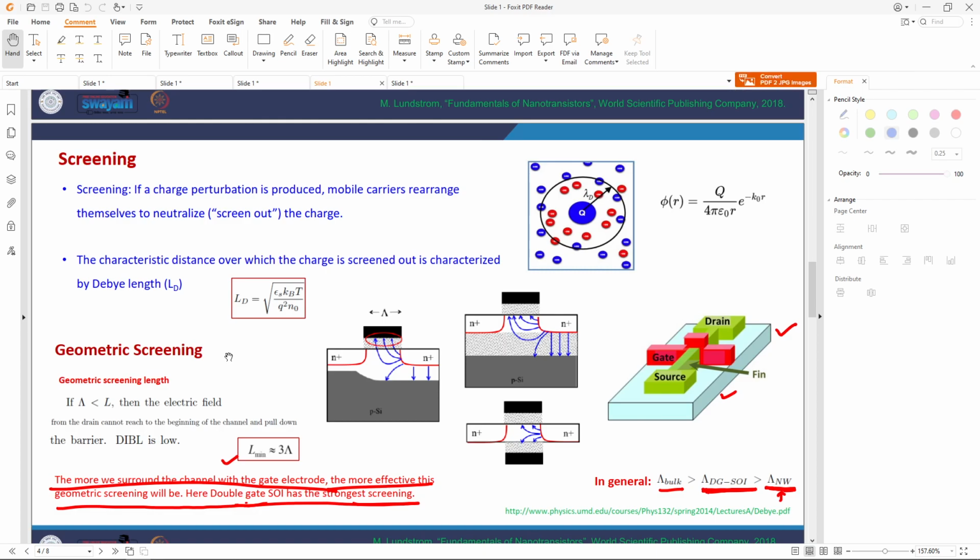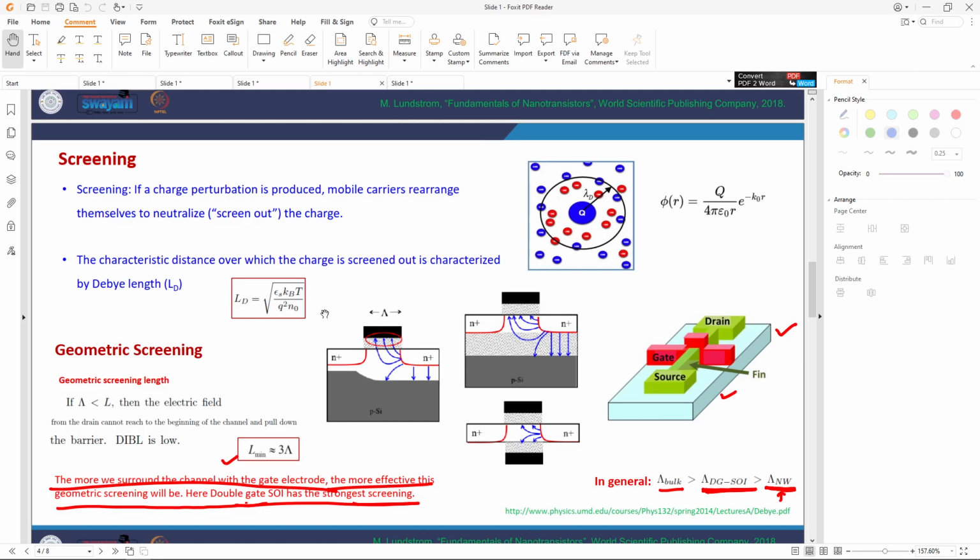So that phenomenon is essentially what is at the heart of screening, the reason why that happens. If you again study some electrodynamics, you will see these notions of a penetration depth for electric fields through a metal. A similar quantity for the screening phenomenon is what is known as the Debye length.